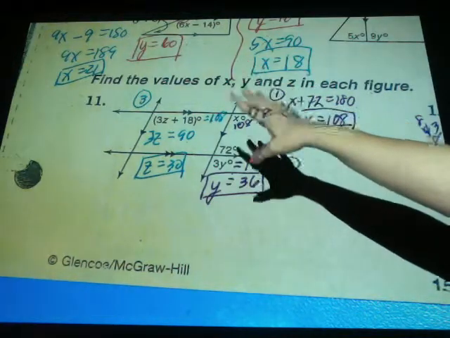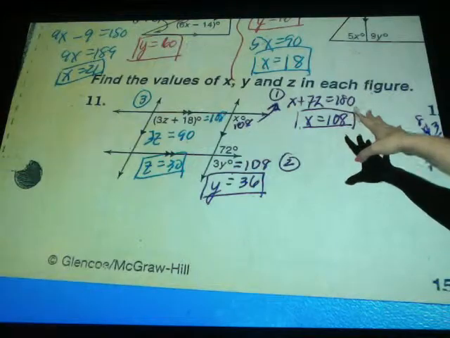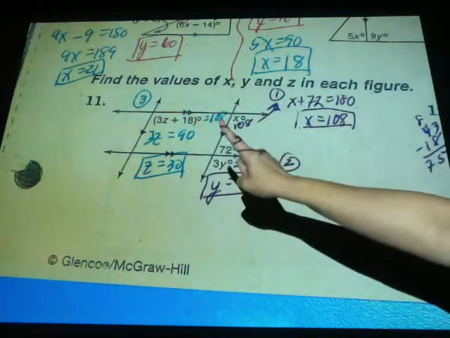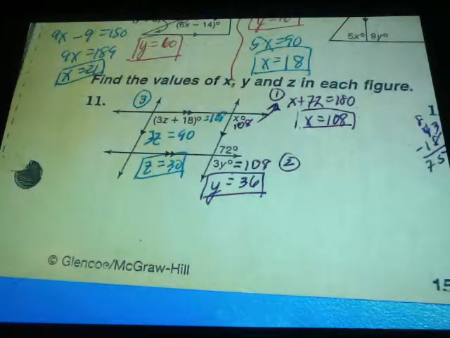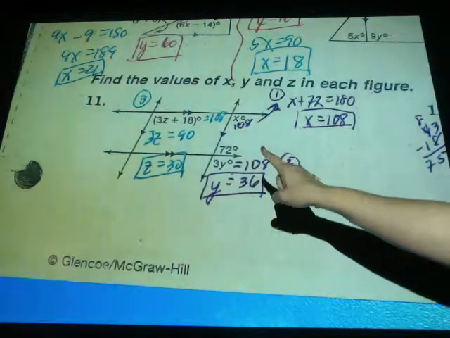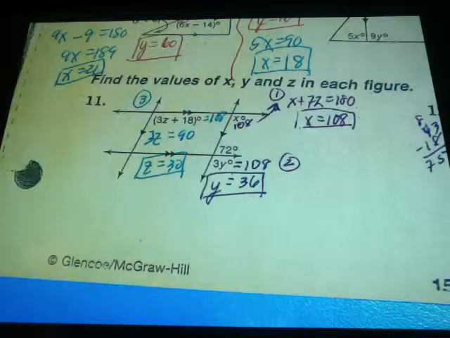So I took x and 72, added them together, set them equal to 180, so that means x is 108. If that's 108, aren't these two here, right there, corresponding? So that means that 3y is equal to 108. So divide by 3, you get 36 for y.